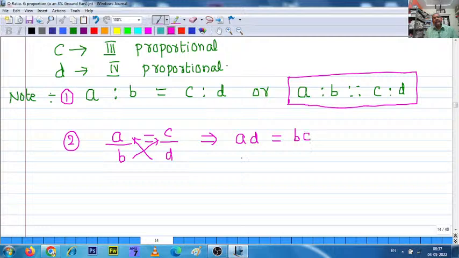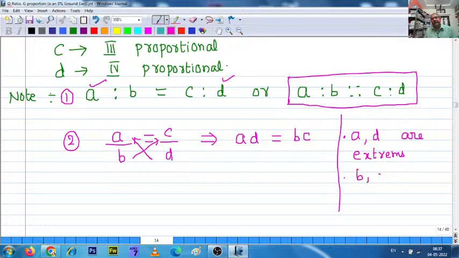Here A and D are called extremes, whereas B and C are called means.